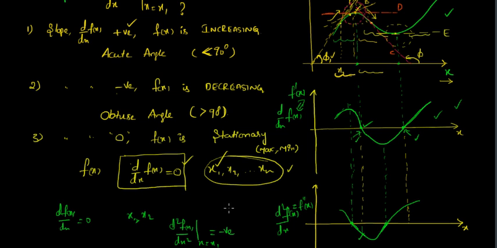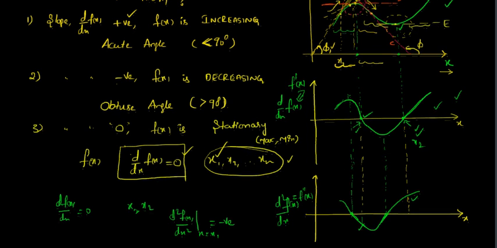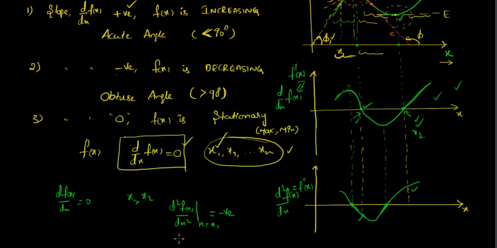Finally, if you look at the other one where we have the minimum value, we will get this particular x. Let's say this is x2, at which the double differentiation for this function will be positive. So with that we can say, if we find this x2 and take d square f of x by dx square at x equals x2, and we get a positive value, we can say this is a minimum.